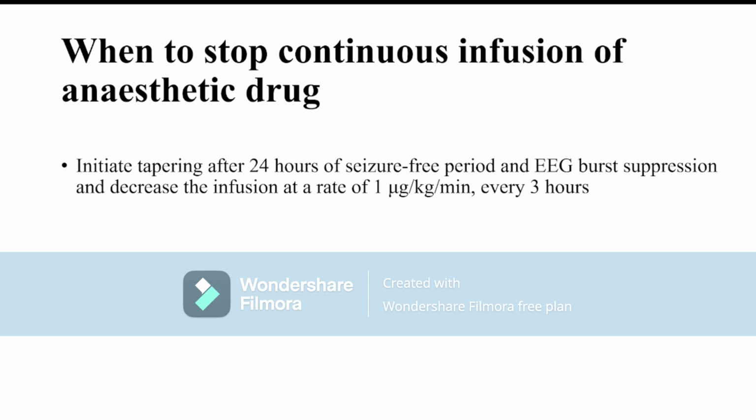Now, when to stop continuous infusion of anesthetic drug? If the seizure is controlled after giving the anesthetic drug, so if the patient has refractory status epilepticus, we start, as I said, midazolam infusion.